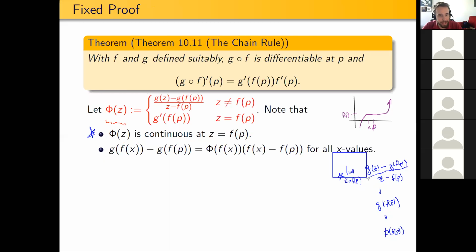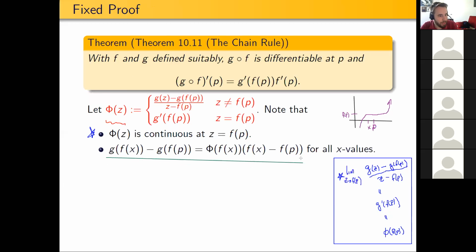So this is just by the definition of continuity from chapter 6. From the definition of continuity, phi is continuous at f of p. So we know that this function is continuous. Furthermore, we can actually show that this equation holds true.